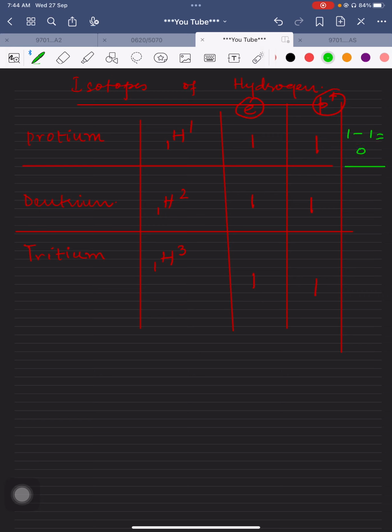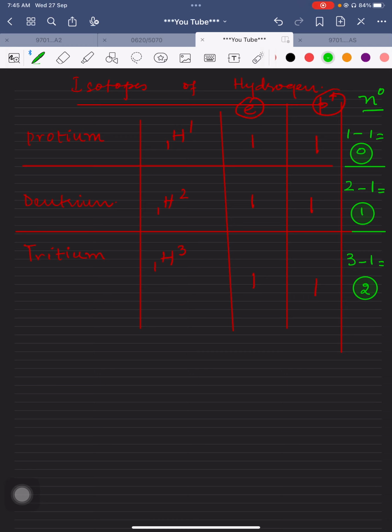And then 2 minus 1 is equal to 1. And then 3 minus 1 is equal to 2. We have very clear evidence that all of these three have different numbers of neutrons. Here I have mentioned neutrons in the last column.